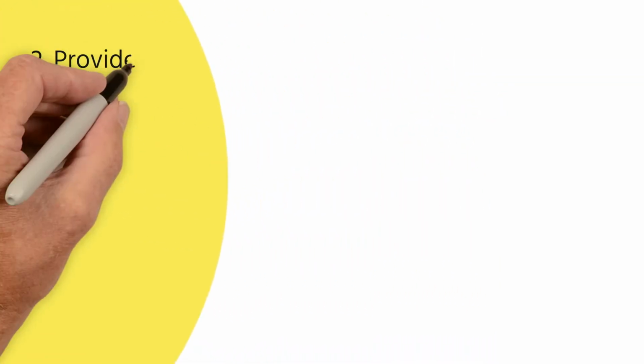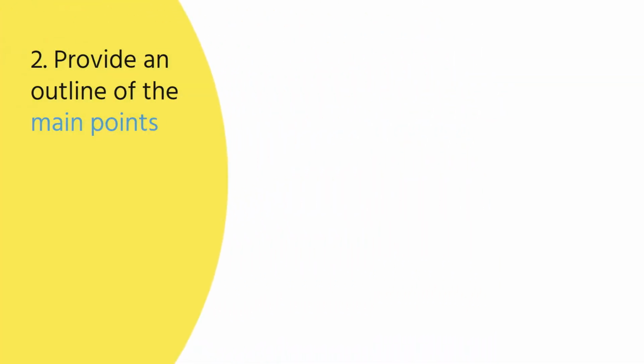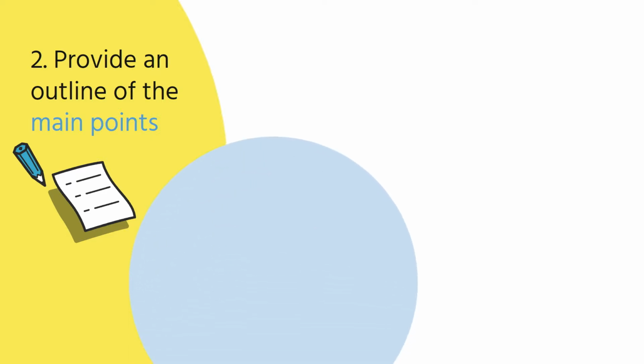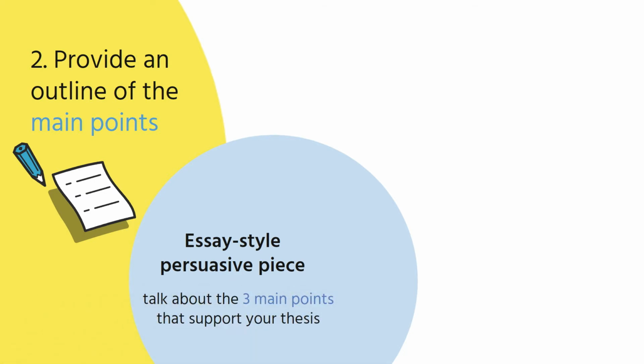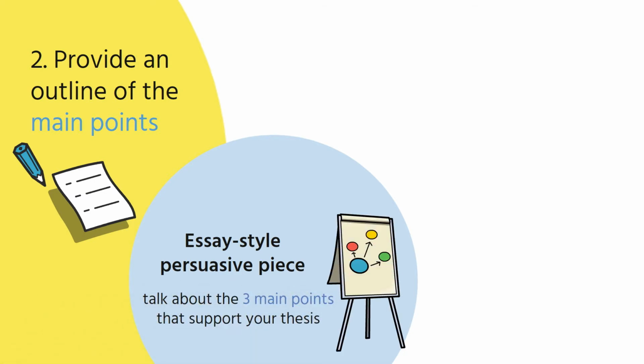You will also want to provide an outline of the main points or subtopics that you will cover. This will differ depending on the topic of the presentation. If you are presenting an essay-style persuasive piece, you might talk about each of the three main points that support your thesis or overall position.